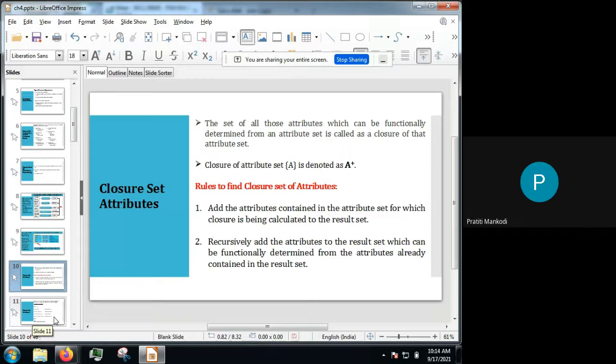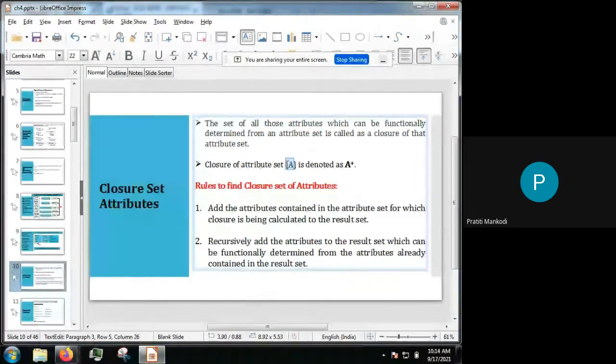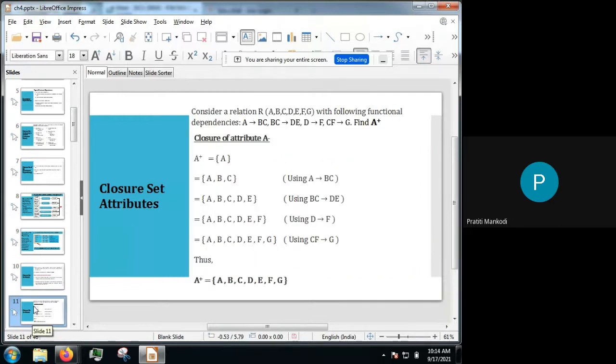It is denoted by A plus. As your closure of functional dependencies was F plus, this is the attribute closure plus. Suppose you are finding the attribute closure of A, it will be denoted by A plus. If you are finding the closure of AB, it will be denoted by AB plus, right? So, fine. Rules, we will see later on.